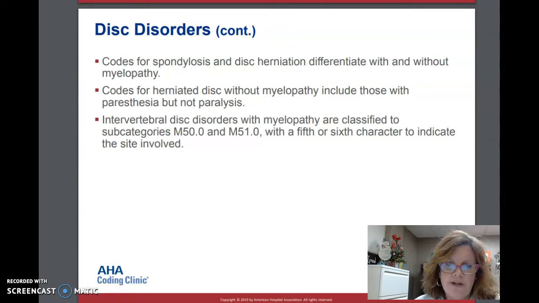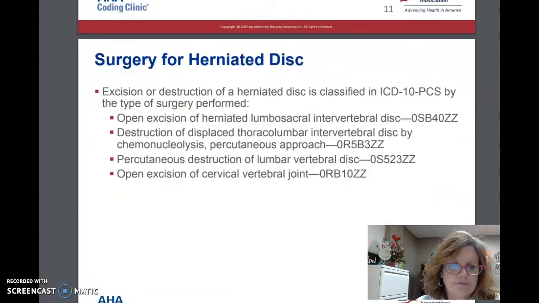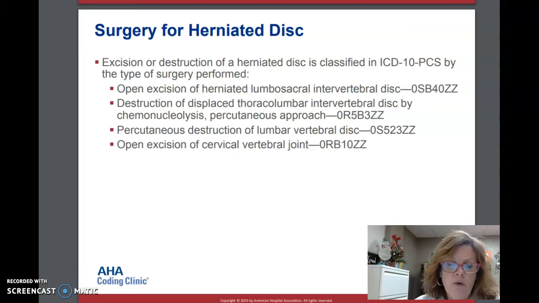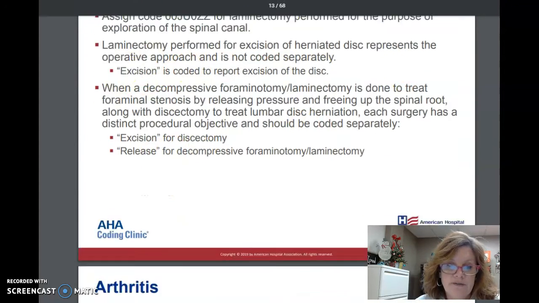We could have disc herniation, myelopathy, herniated disc, surgery. With these, you're going to be again in the surgery section. Okay, you could be doing an excision, a destruction, depending on what they did. A laminectomy. With this, again, here it's excision or release.